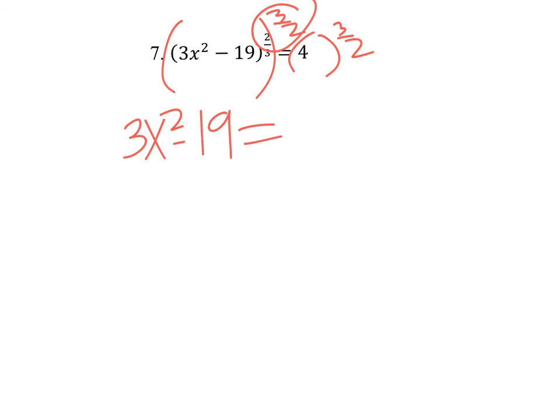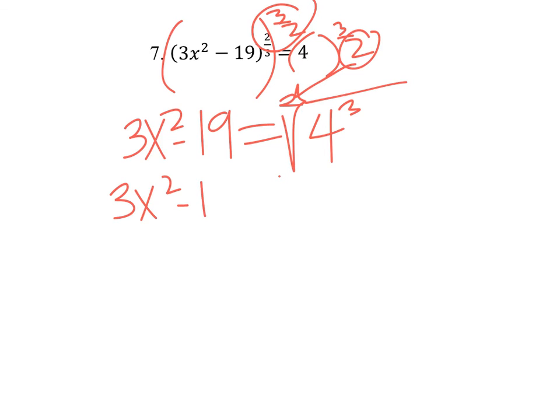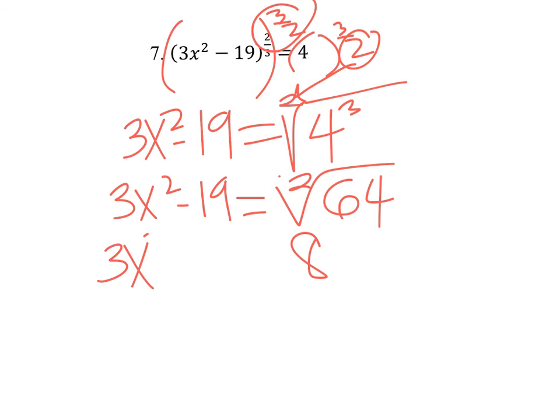What does that look like? Well, it's 4 cubed that's square rooted. Okay, remember this is always going to be the index of your radical. So I have 3x squared minus 19 equals the square root of 64. Oh, that's 8. So we have 3x squared minus 19 equals 8.